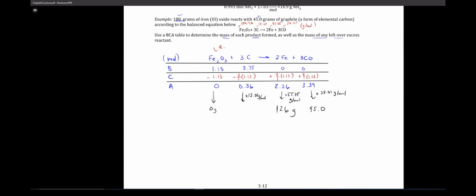And 0.36 times 12.01 is 4.32, or 4.3. Okay, so that's everything that's left over at the end, assuming we have a reaction that goes perfectly to completion.